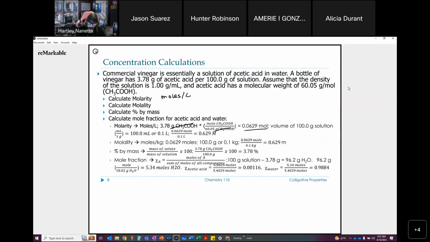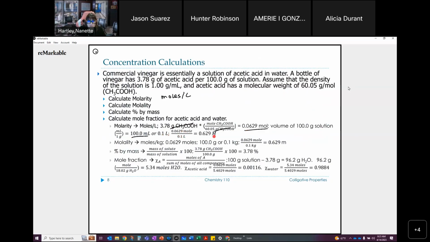Now, if this is a 100-gram solution, and it's 1 gram per milliliter, then I have 100 milliliters. So I can divide by the volume in liters, 0.0629 moles in 0.1 liters, and that gives me 0.629 molar. So, moles per liter.